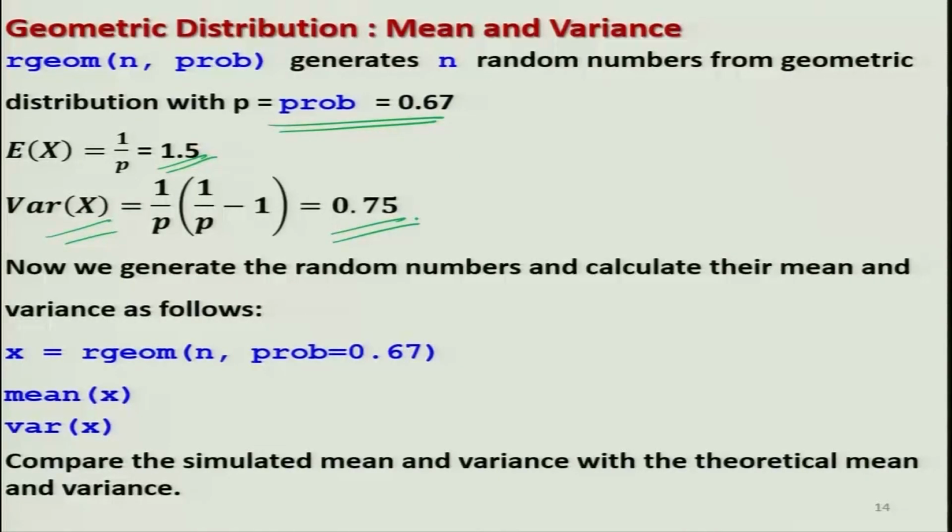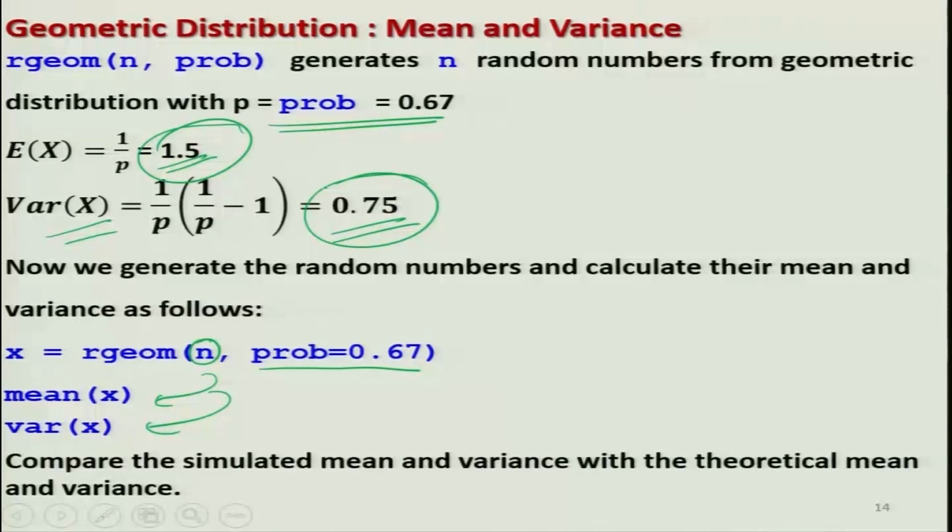Now try to generate a number of observations from this distribution with prob equal to 0.67 and find their mean and variance, and compare what happens to the values of mean and variance when you estimate them on the basis of a random sample, where the true values are 1.5 and 0.75.